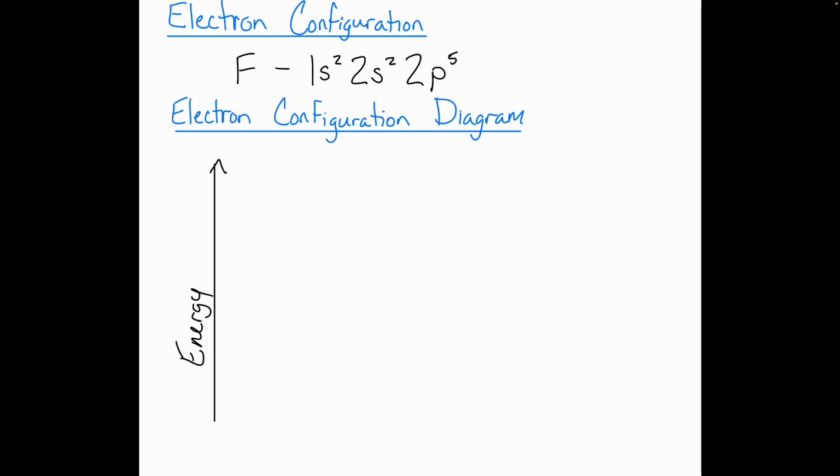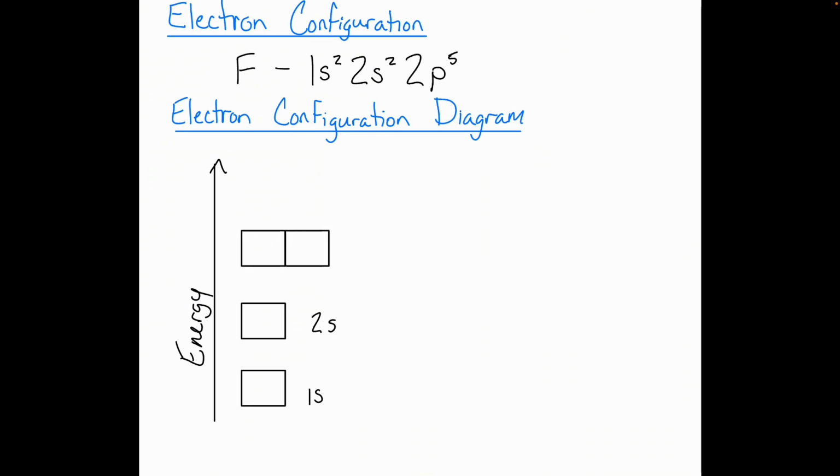We're going to arrange these orbitals from lowest energy to highest energy. The lowest energy orbital is that 1s. Since it's an s orbital, it only gets one box. The next one up is the 2s, again an s orbital, so it only gets one box. And then finally our 2p orbital.